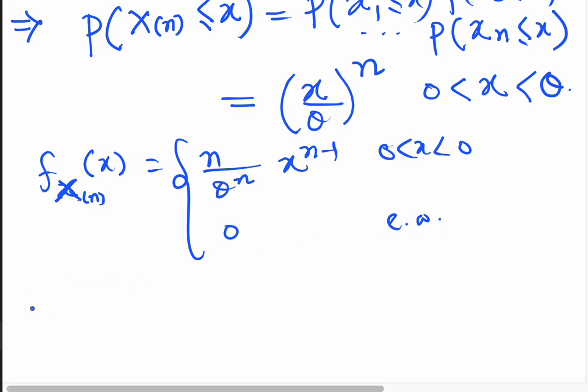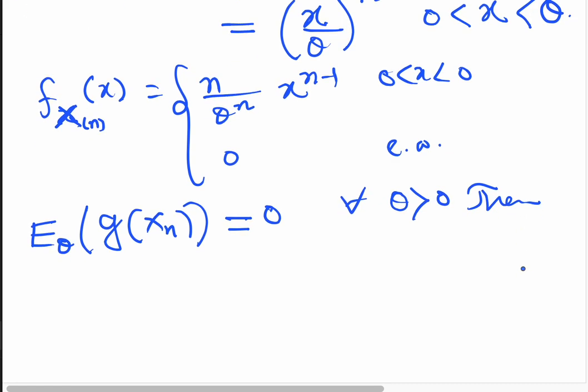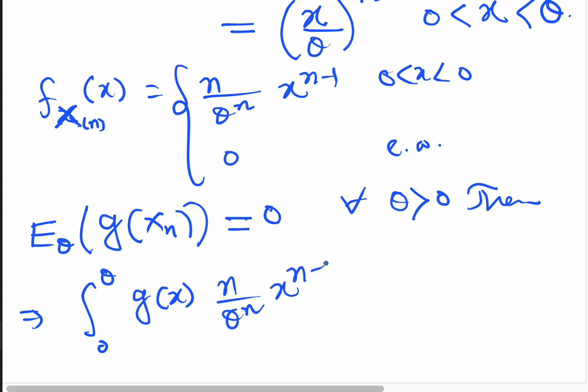Now for completeness we have to check that if the expectation of g(X(n)) is 0 for all theta greater than 0, then we have to prove that g(X(n)) is 0. To prove that we use this distribution function, that is, the integral from 0 to theta of g(x) n by theta to the power n x to the power n minus 1 dx equal to 0 for all theta.